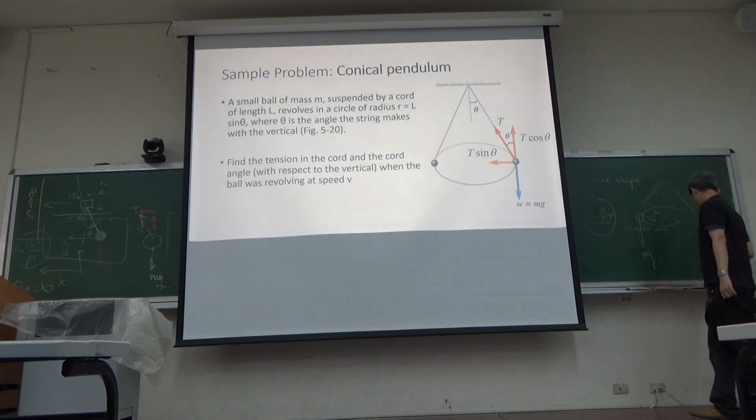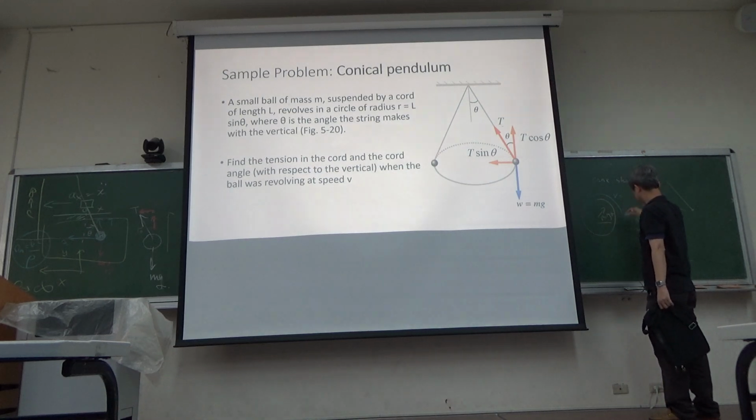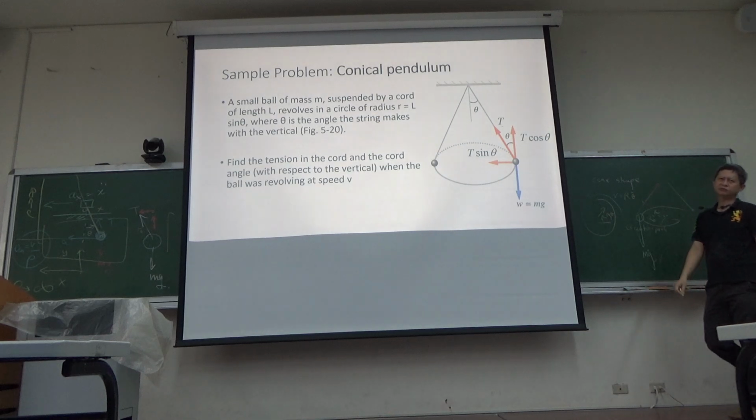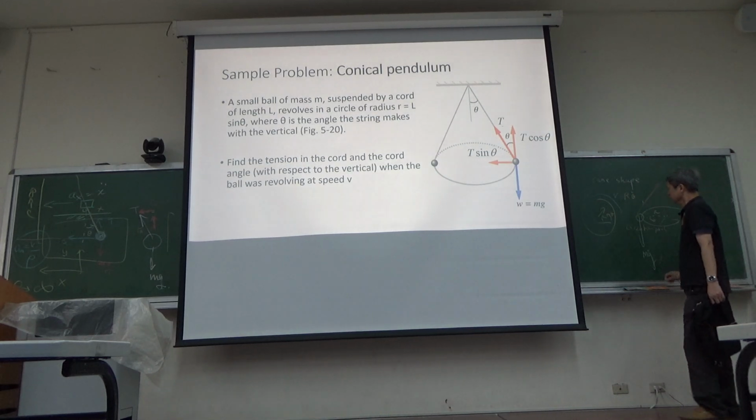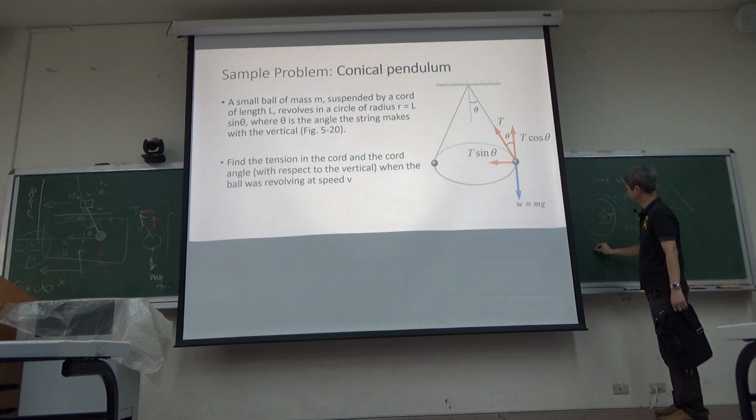So in this circular motion at a constant speed, you have the radius and angular speed. At the same time, you have your centripetal acceleration.